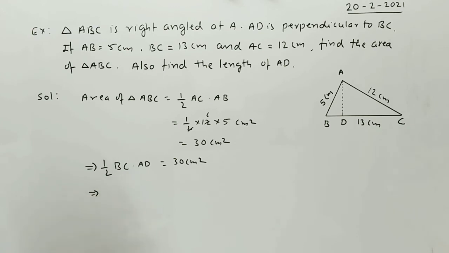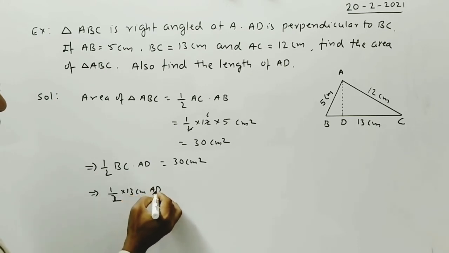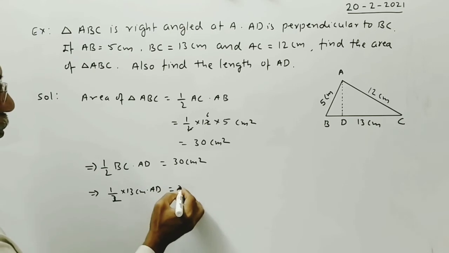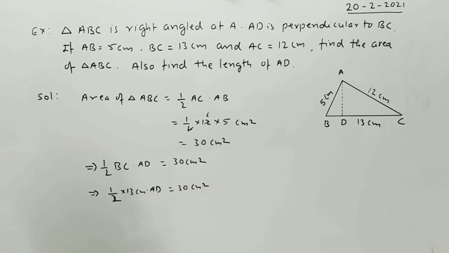This implies 1/2 into, what is BC? 13 centimeter into AD is equal to 30 square centimeter.